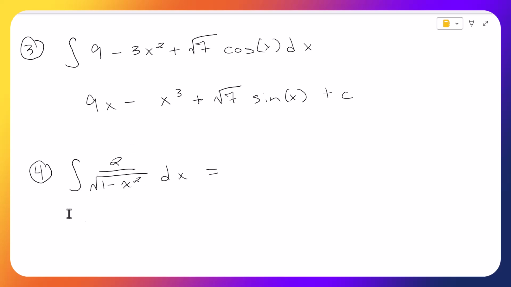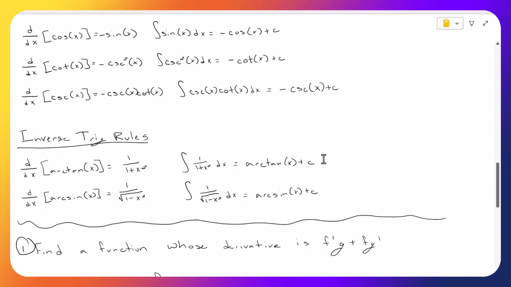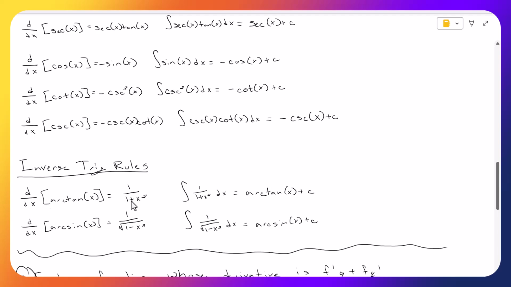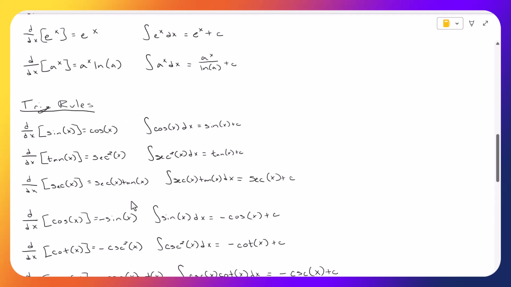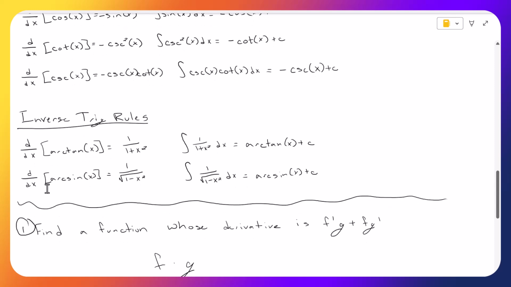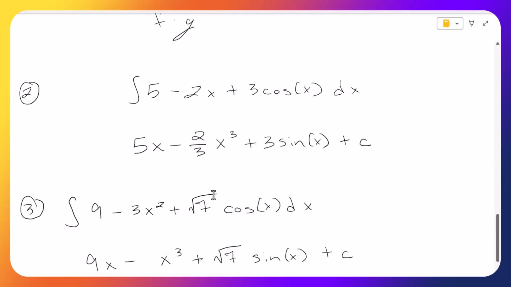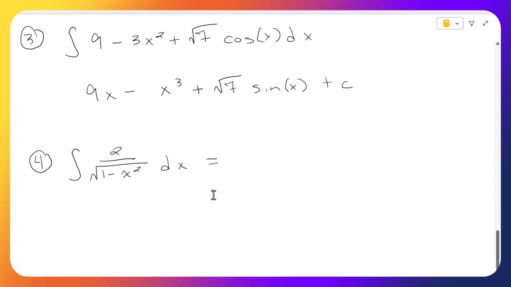Okay, so this looks similar to something to me. It looks similar to my arc sine, but my arc sine only has a 1 on the numerator. So how do I do that out? Well, this 2 is just a constant.